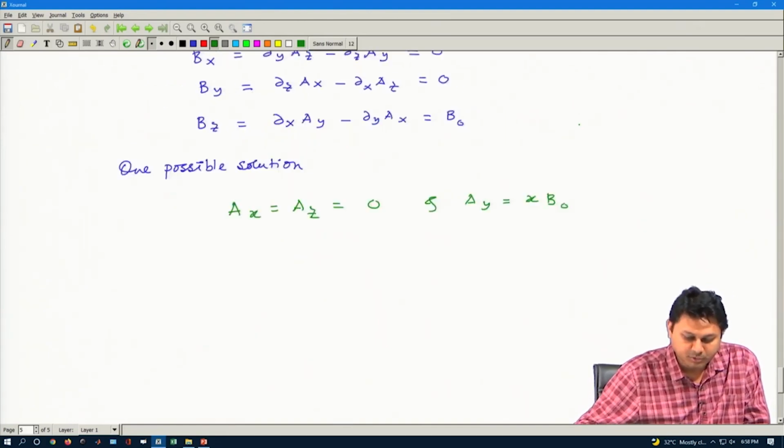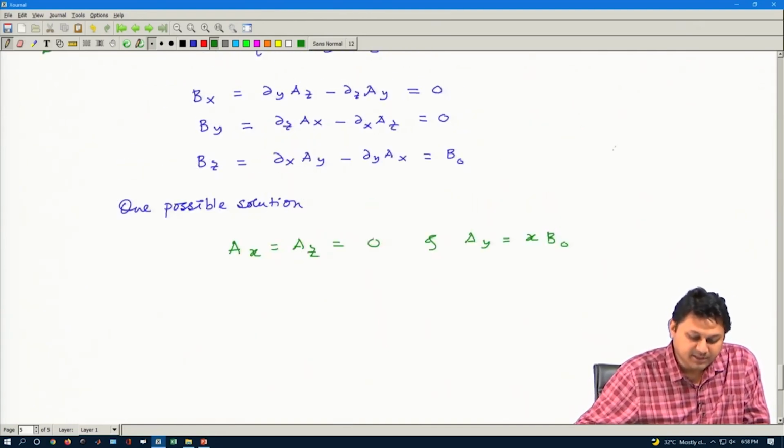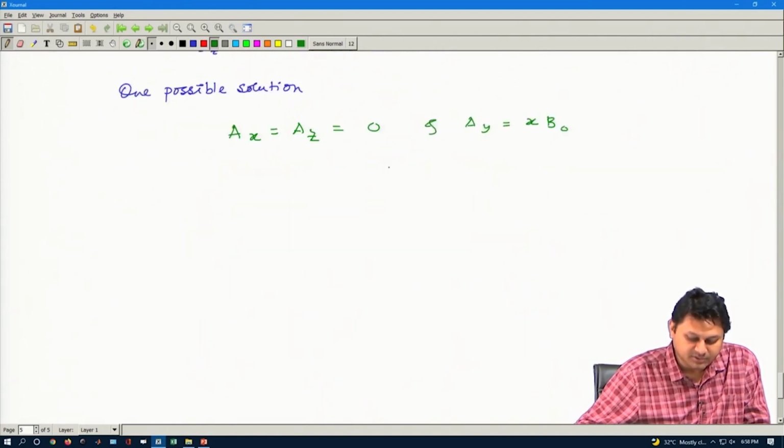If I put it in, you can see it satisfies the equations, because A z is 0 and A x is 0, and A y is x B0. The first equation is satisfied, the second is satisfied, and the third is also satisfied, because when you take the derivative, you get B0 and the rest of the terms are 0. So, all three equations are satisfied.